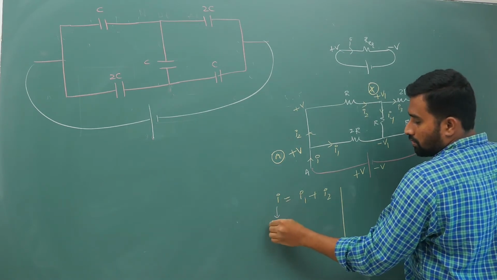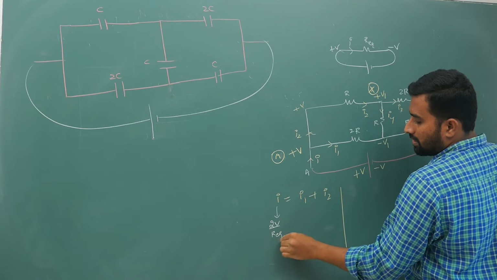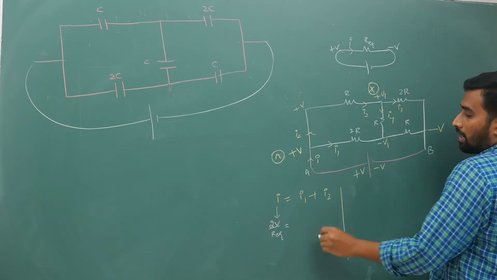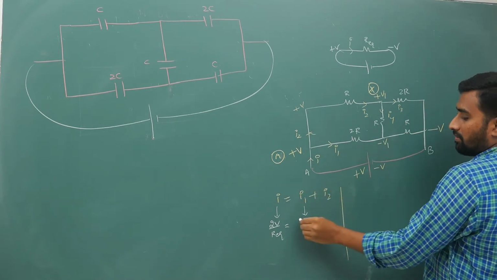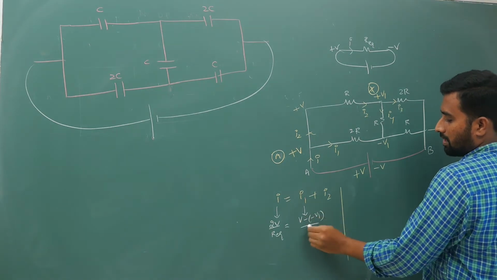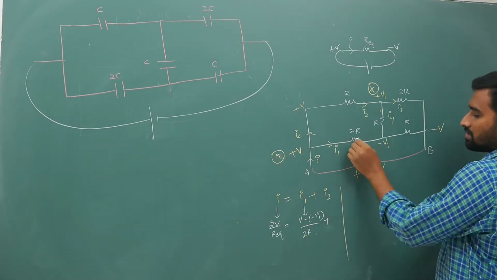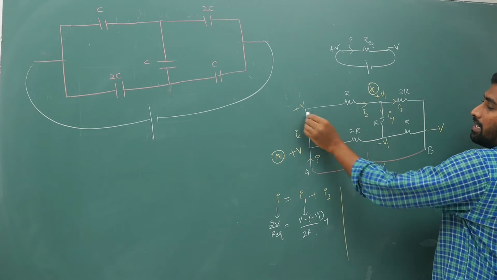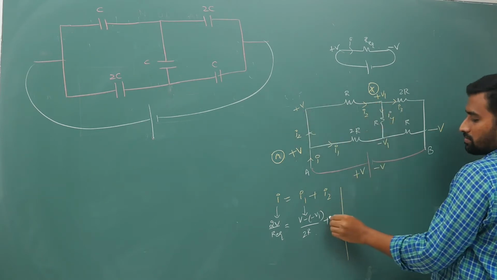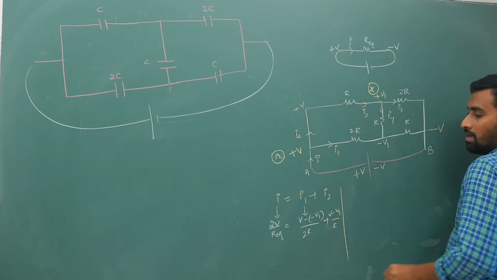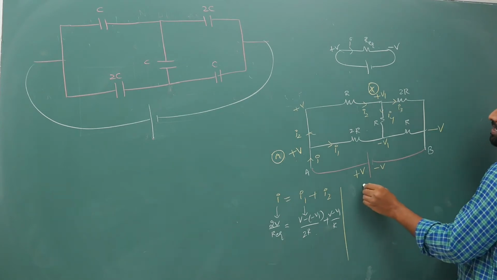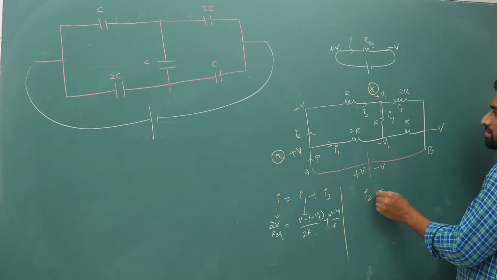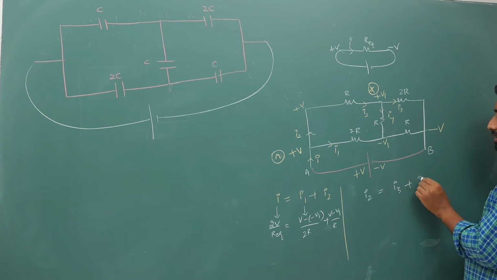So 2V by R equivalent is equal to I1, that is V minus of minus V1 by 2R, plus I2, which is V minus V1 by R. Next, at the other node, I2 is equal to I3 plus I4.